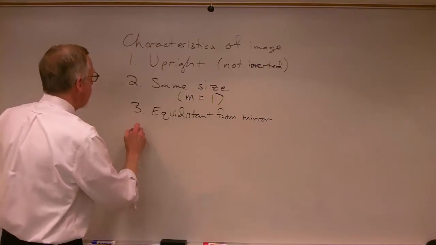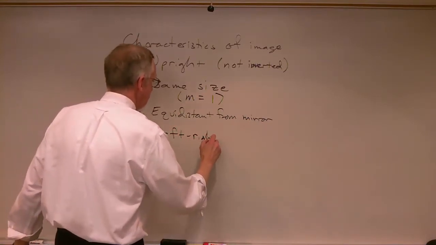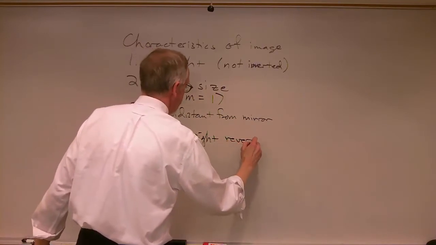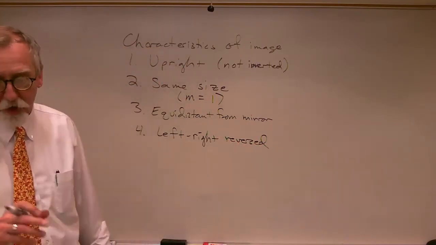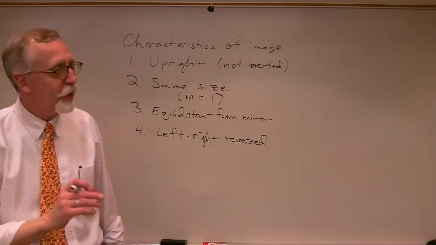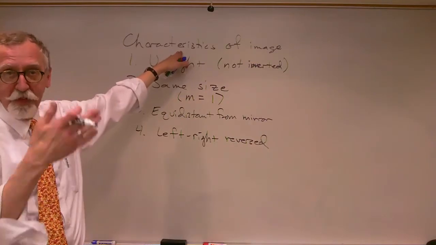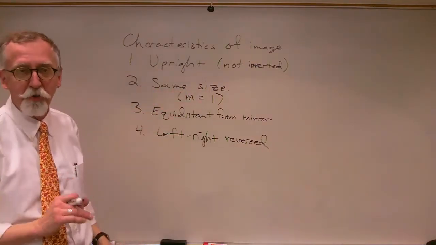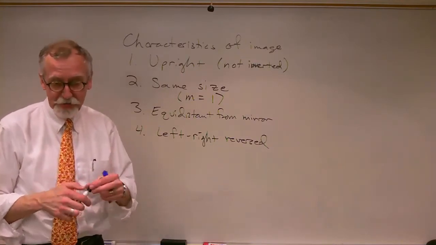And then finally, we said they were left-right reversed. All right, there we go. Those are the main characteristics of the image for a flat mirror. So this was all with a flat mirror that wasn't curved or anything like that. If a mirror is curved, we'll see what happens next time.